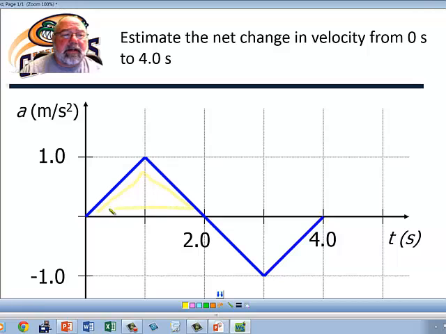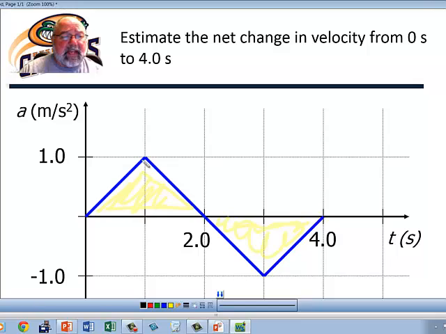So this area right here that I've highlighted, that's from 0 to 2 seconds. And then from 0 to 4 seconds, it's the highlighted area there. And what we need to do is add the two areas together.